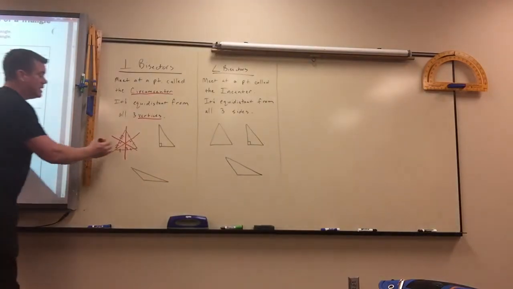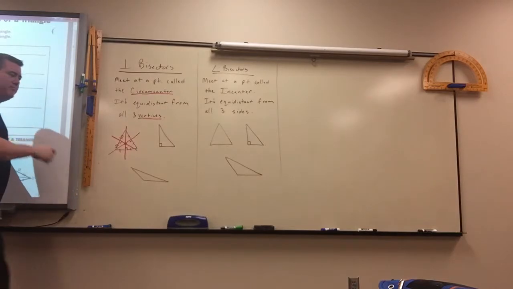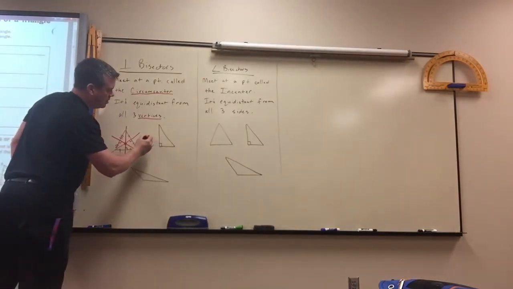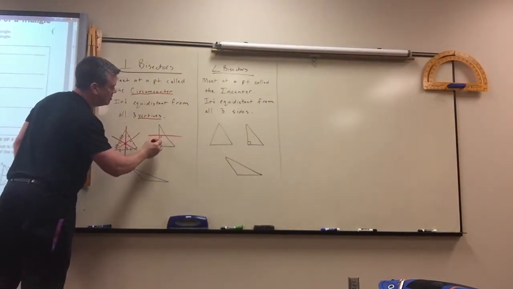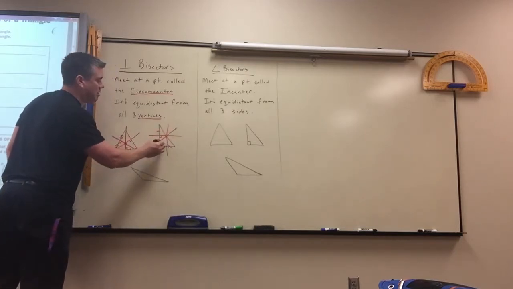In an acute triangle, that point will be inside it. On a right triangle, it's on it. There's one perpendicular bisector, there's the other, and they meet right on the midpoint of the hypotenuse.